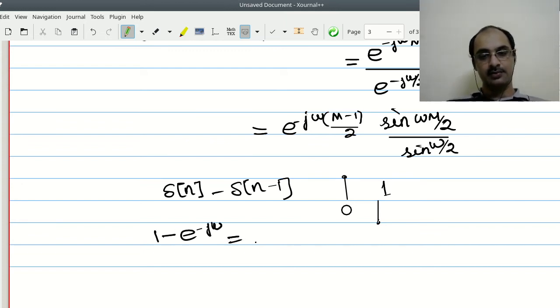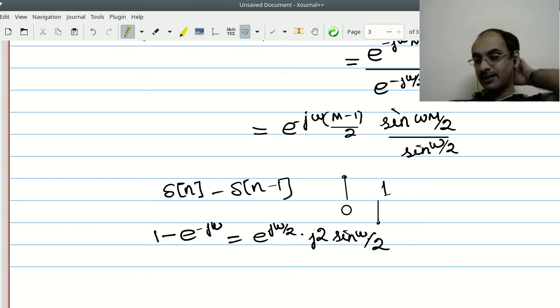Again, remember my trick, I take e power minus j omega by 2 out, multiplied by j2 sine omega by 2. This part is symmetric about omega and this part is e power minus j omega by 2. If you remember, delta of n minus n naught had a DTFT of e power minus j omega n naught.